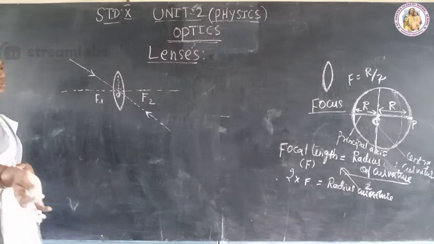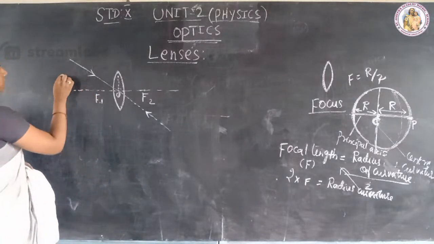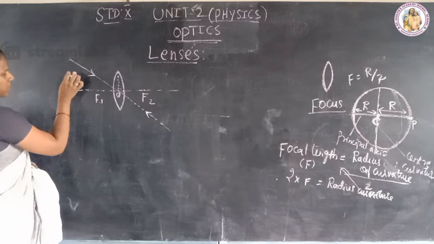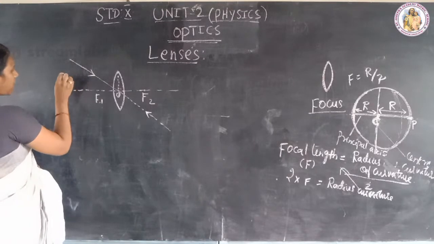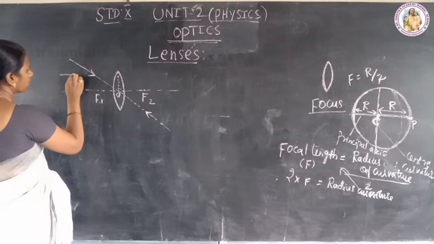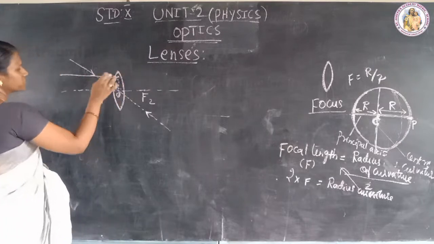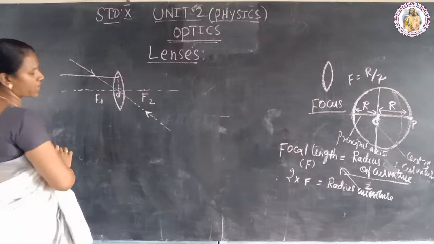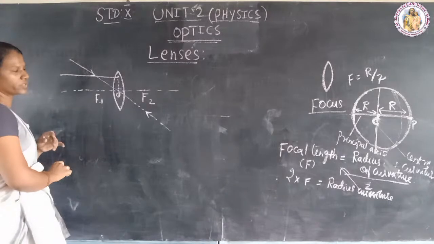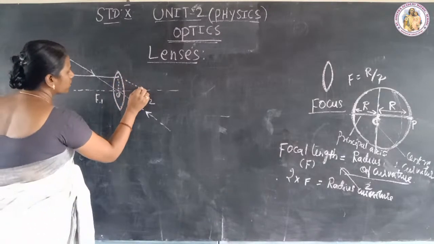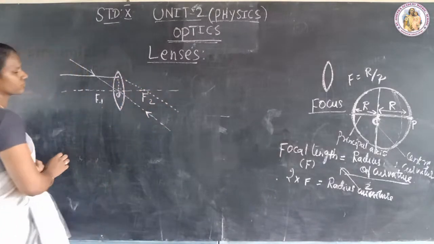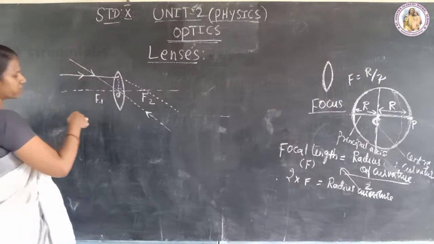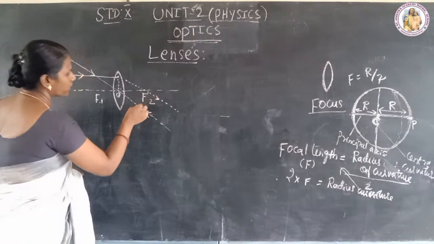And what about rule 2? If the light ray is parallel to the principal axis, the incident ray which is falling on the lens, after it gets refracted, goes to the focus point.